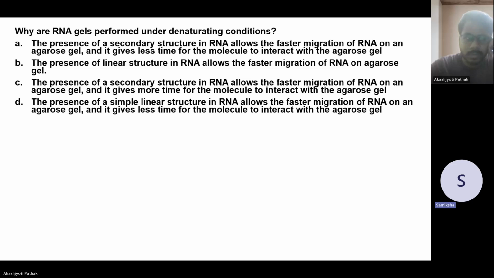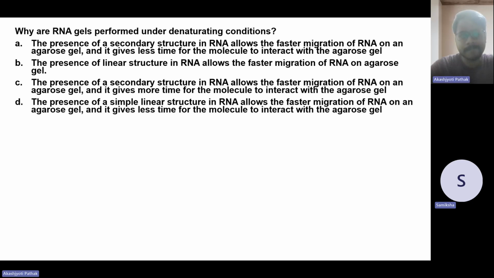Option A. Why? RNA forms secondary structure, and if it migrates faster, the molecule takes less time to interact with the agarose gel.